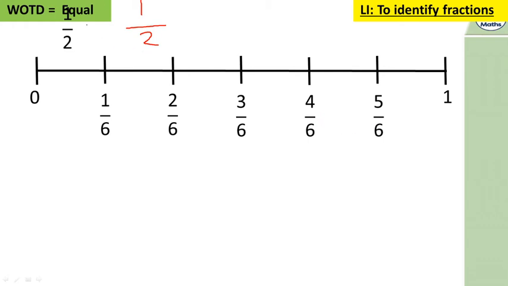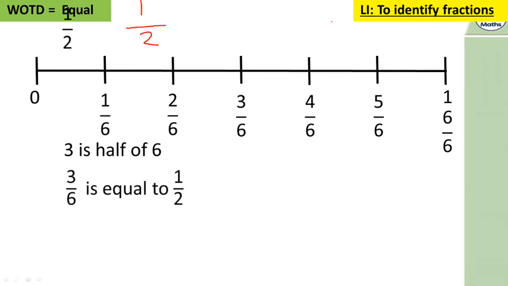So where on that line do you think is equal to a half? So where are we when we're halfway along that line? What number is halfway to 6? 3/6. So if you split that line up, 3 is half of 6. So 3/6 is equal to 1/2.